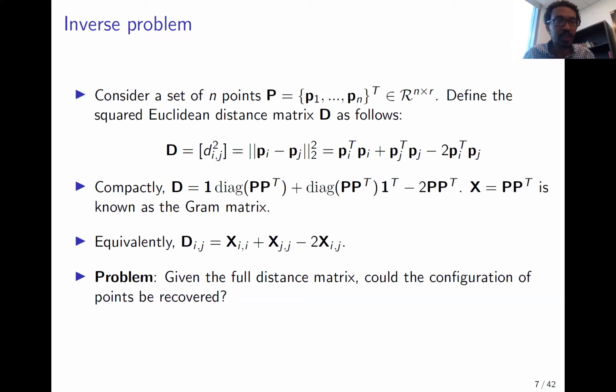So the idea in the first part of the talk is that I'll argue we can go from the squared distance matrix D to X, and once we go to X, we can go to P because X is related to P directly. So the question we'd like to ask is, if I give you the full distance matrix, meaning that we have this squared distance matrix D, can we find the configuration of the points P? Can we find P1 to Pn? And this is essentially the classical multidimensional scaling problem.